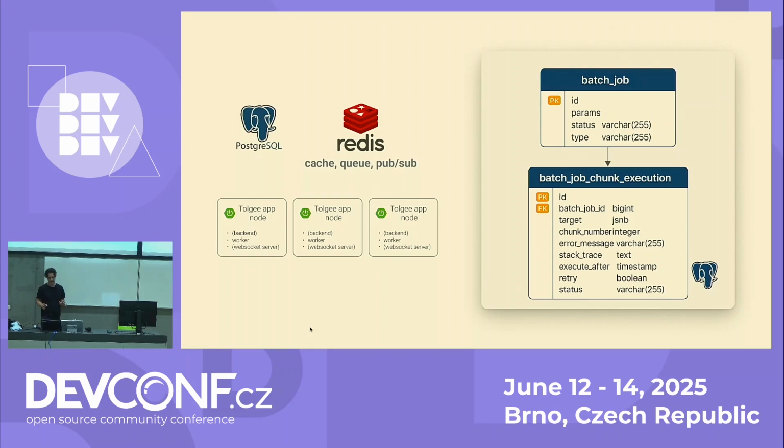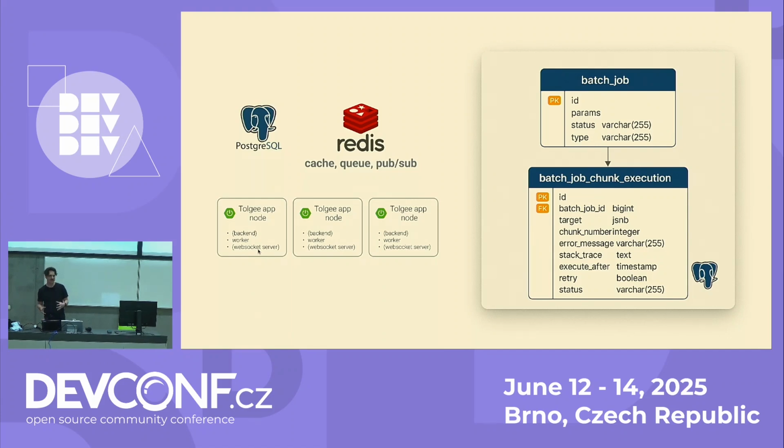We are totally fine with that. We can start it again, and everything runs. And then we have the application nodes. We can have as many of them as we want. It runs in Kubernetes, it gets replicated, and we can enable auto-scaling. Each of these nodes is, at the same time, a worker for the batch operations.